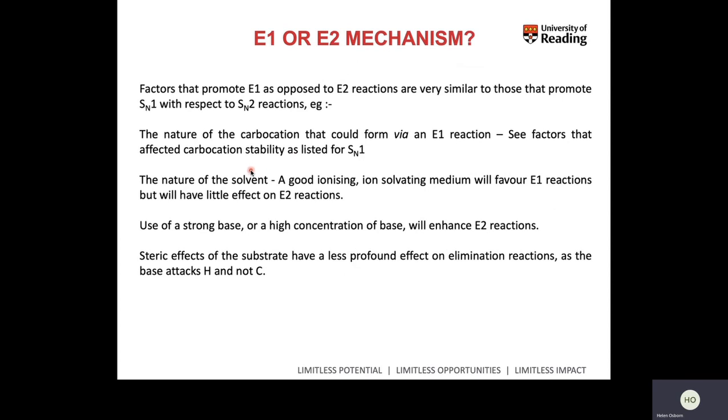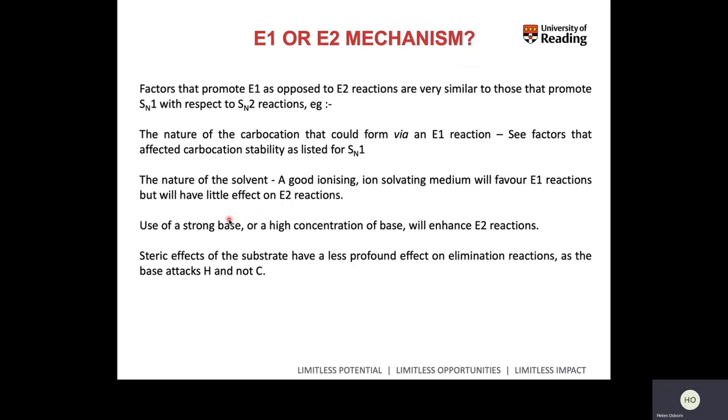We looked for SN1 and SN2 at the nature of the solvent because that can help to stabilise particular species. And so as we saw for SN1 reactions, if we have a good ionising, ion solvating medium, that will favour the E1 reaction because it goes through a real charged carbocation, but it would have very little effect on the E2 reaction because that goes through a transition state.